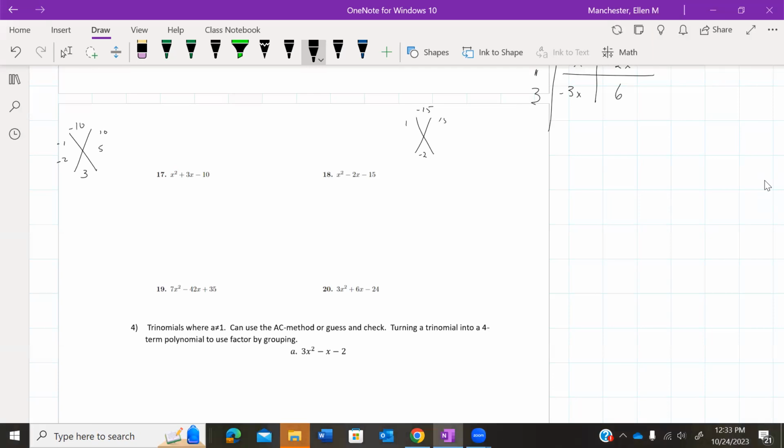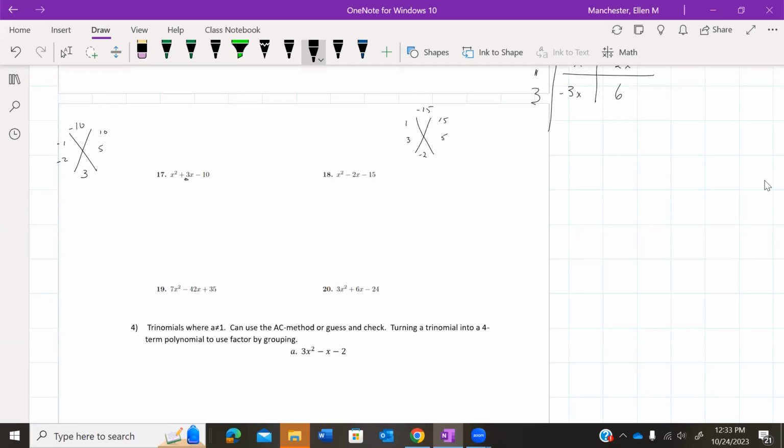Miss Manchester, what did you mean by it would have to be -3? Well, let me go back to it. Do you see when you have x plus 2 and x minus 5? When you multiply that, you do get a -10, but add, what's 2 plus a -5? -3, yeah. -3, and you want a positive 3.